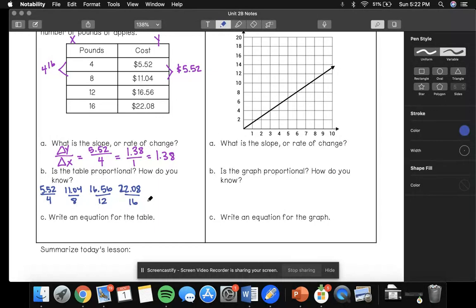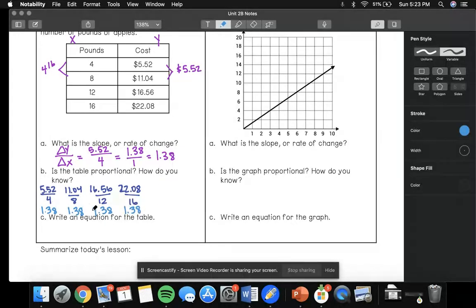So 552 divided by 4, I get 138. 1104 to 8, I get 138. 1656 divided by 12, I get 138. And 2208 divided by 16, I get 138.